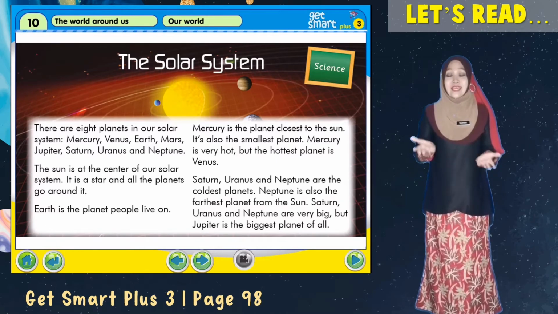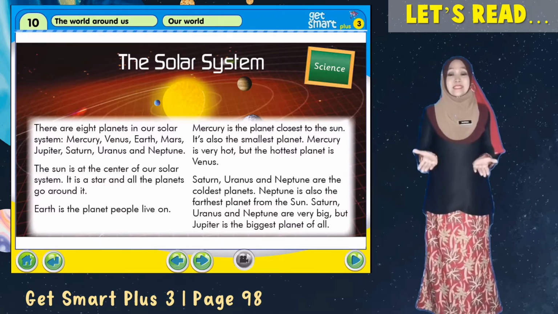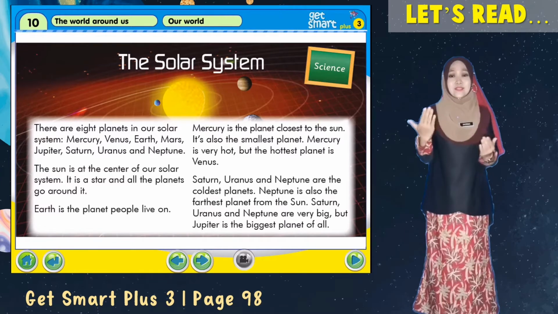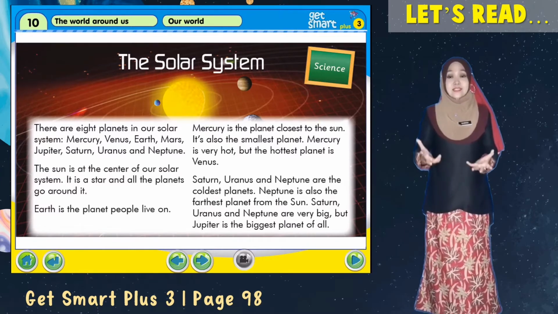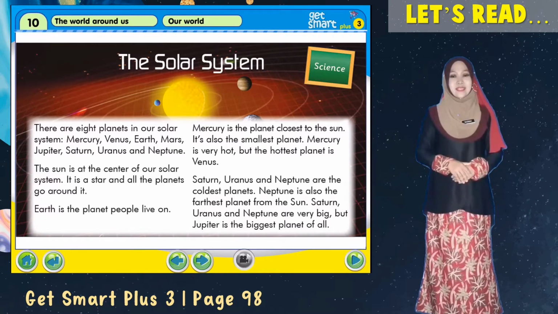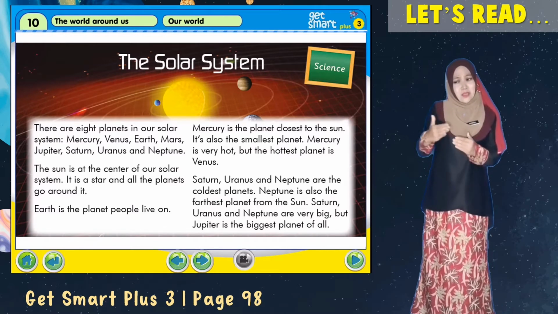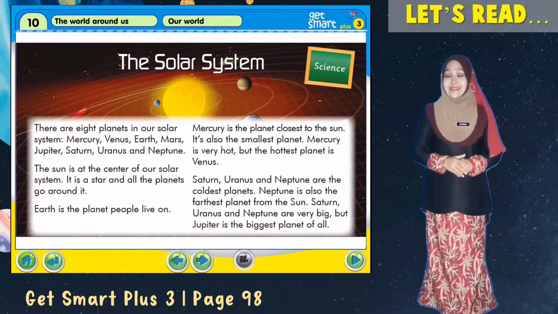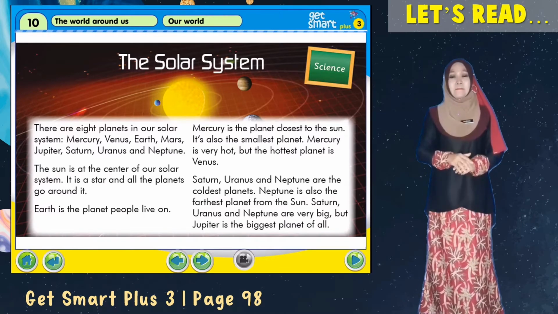The Sun is at the center of our solar system. It is a star and all the planets go around it. Earth is the planet people live on. Mercury is the planet closest to the Sun. It's also the smallest planet.